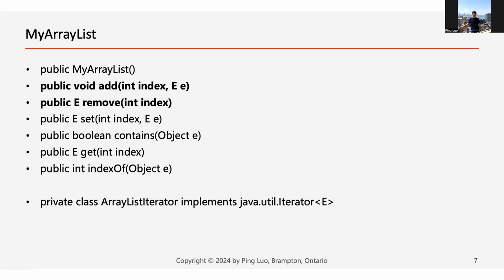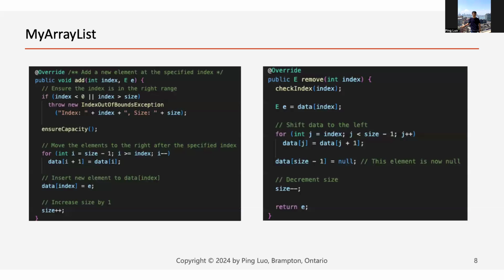So I will talk about how to add an element and remove an element today. For all the other methods, I will upload the scripts to Moodle in case you want to check them out. Basically, the idea is you just need to understand how everything is saved if we use an array to save a list, and that's it. Because in the future you can just use it directly. It's already defined by Java.